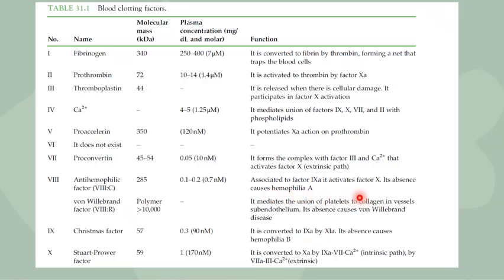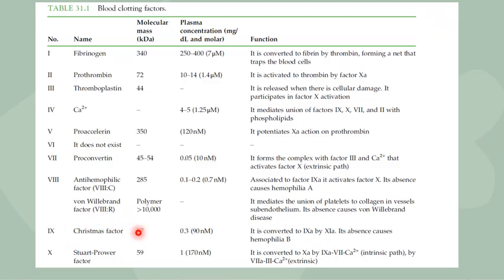Its absence causes Von Willebrand disease. These two factors actually bind to each other and circulate in the blood. Factor 9 is Christmas factor. It is converted to factor 9A by factor 11A. Its absence causes hemophilia B.